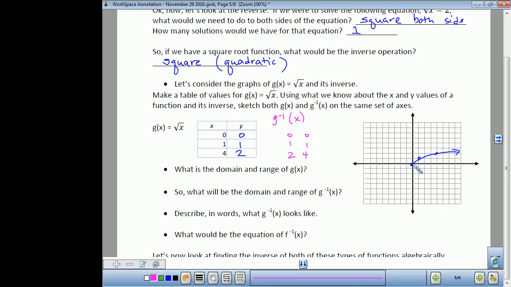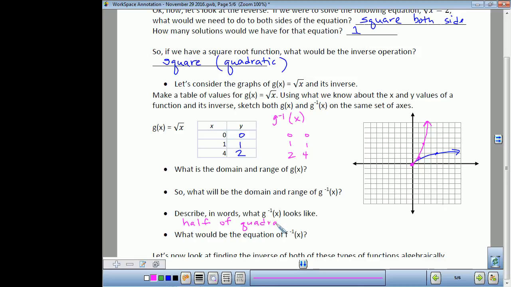So the inverse is going to give us 0, 0, 1, 1, but this one gives us 2, 4. So you're right, it is the quadratic, but it's only half of it. So what does the inverse look like? It looks like half that quadratic.